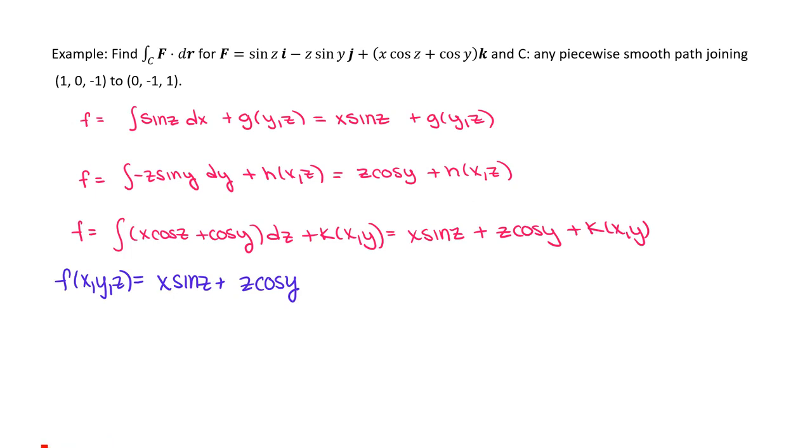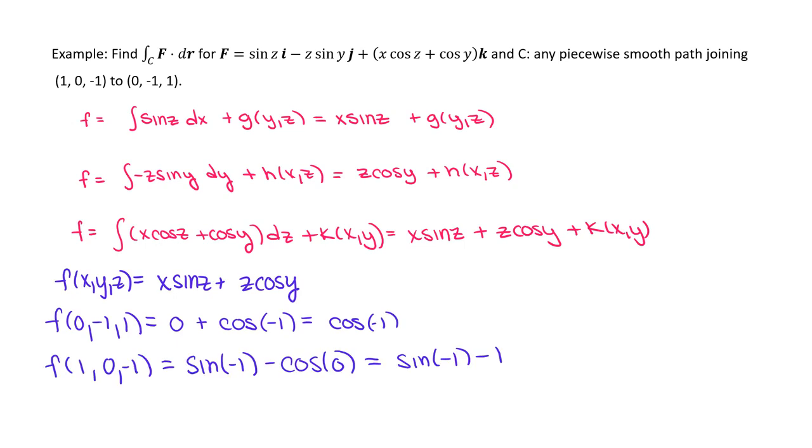Because this is a conservative vector field, I can then find the integral by just evaluating my potential function at those two endpoints. So I'm going to take my endpoint 0, negative 1, 1, plug that into my potential function.